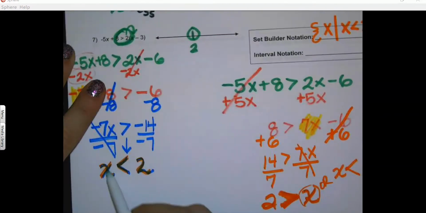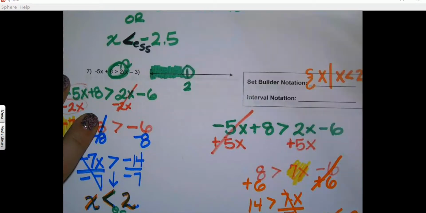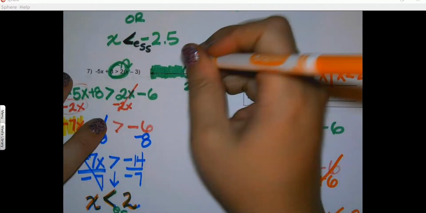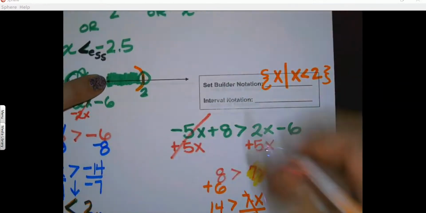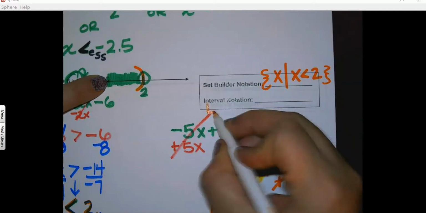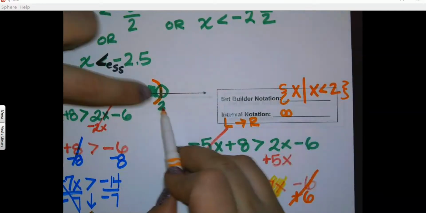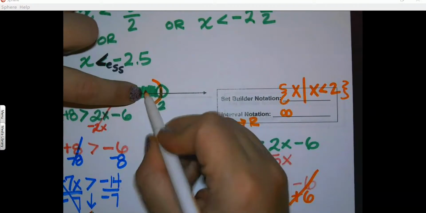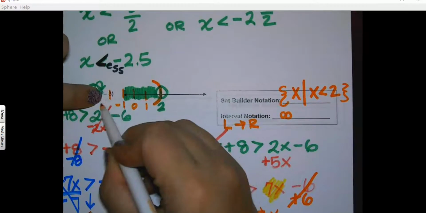And then this says, shade all the numbers that are less, or L for left. So all the numbers that are less are over here. That's how I know that I need a parenthesis here. When I do interval notation, remember that's left to right. On the left side, it's going infinitely, so if this is 2, then you're going to have 1, 0, negative 1, negative 2.